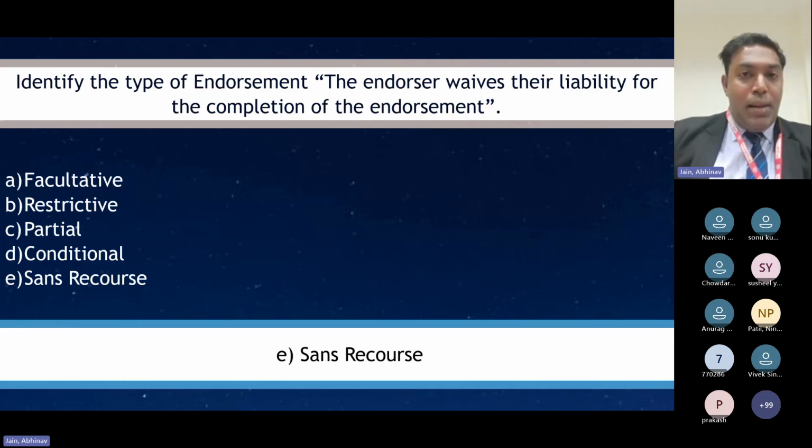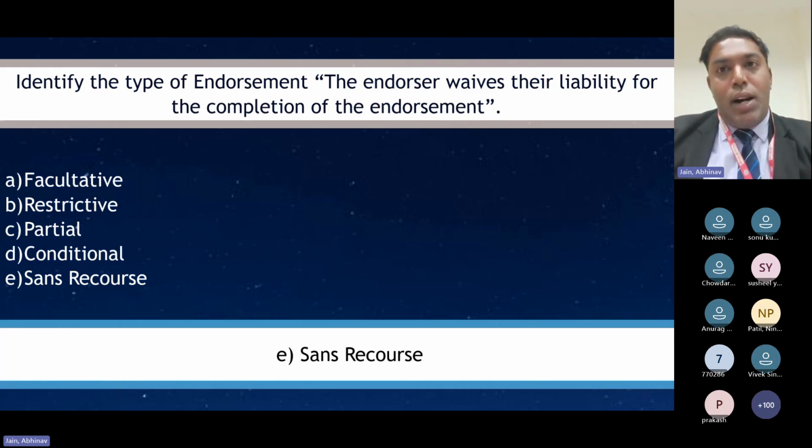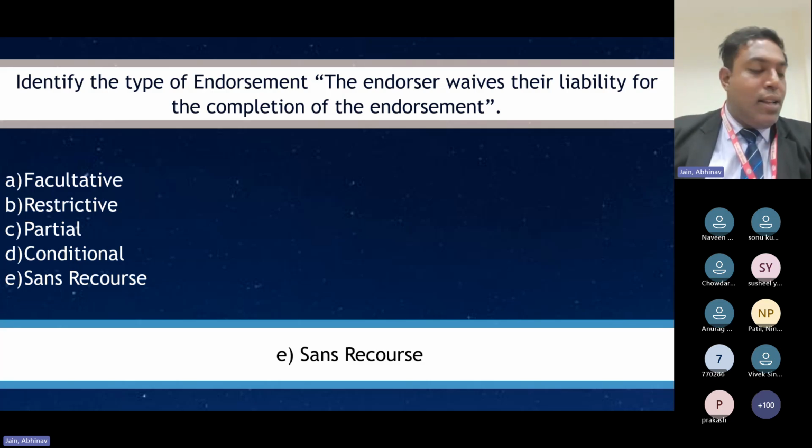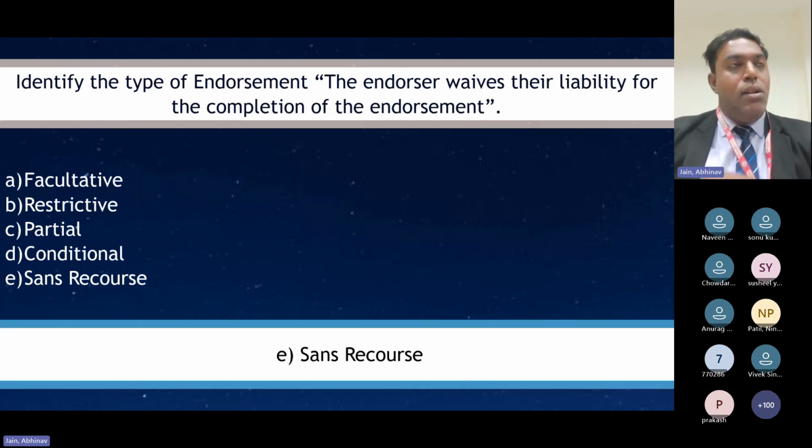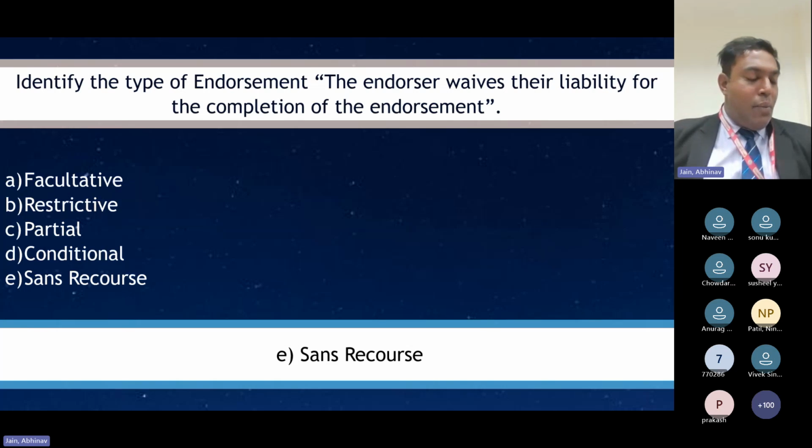Please remember the keywords from the point of view of the examination: the endorser waives their liability for the completion of the endorsement.